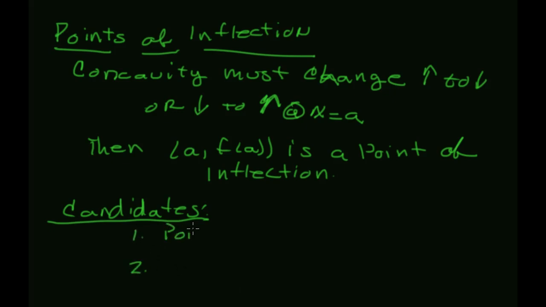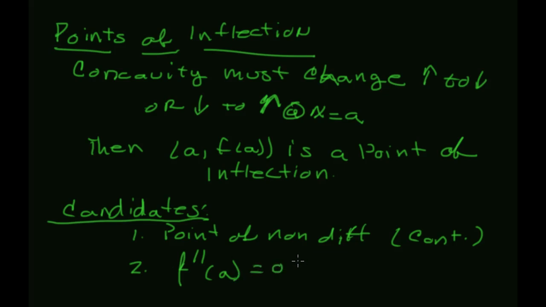If you have a point of non-differentiability, okay, so if somewhere along the line the curve is non-differentiable, which note also if it's not continuous, it's non-differentiable, then you should check those points and see if the concavity changes. The other thing where this can happen is points where f double prime of a is equal to 0. Because in that place, you can also have a switch in concavity.